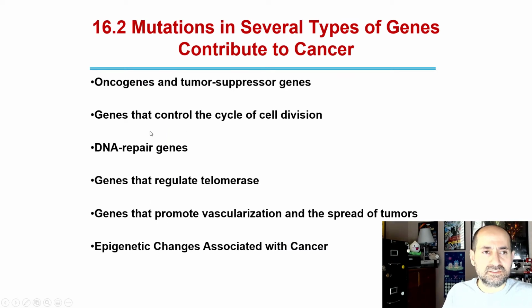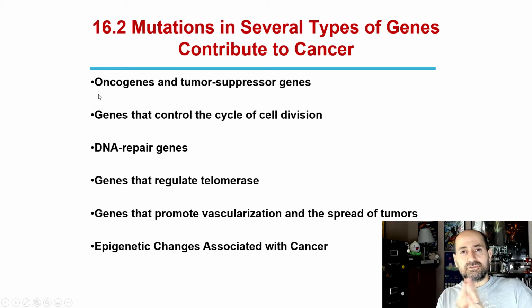So let's talk a little bit about what are the genes that cause cancer. Remember, I told you there's a whole subset of genes, and their job is to regulate the cell cycle, to tell the cell when to divide and to stop the cell from dividing when it's not time to divide.